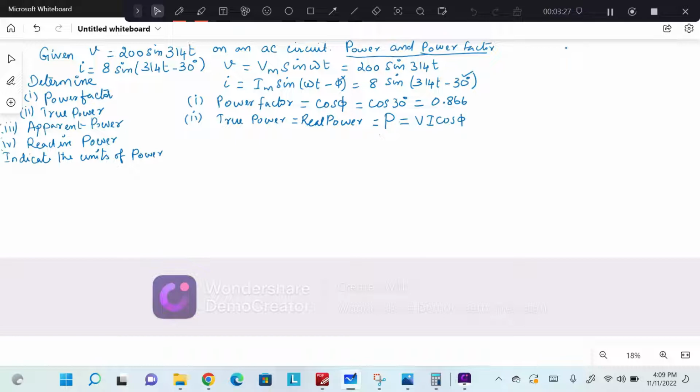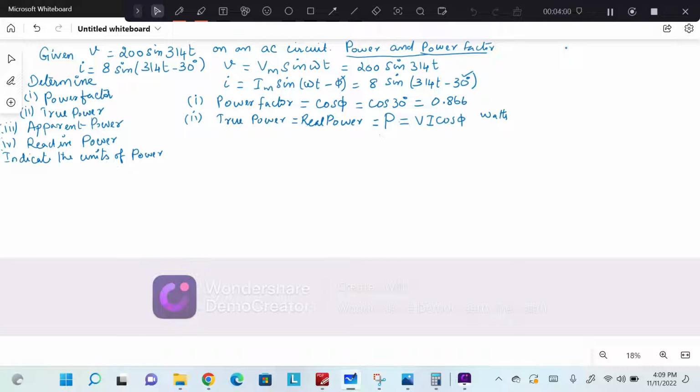P is the letter which indicates the real power or the true power which is being utilized in the AC circuit, where V and I represent the RMS values, VRMS and IRMS. You know that cos phi is nothing but the power factor, and the unit of this real power is watts.